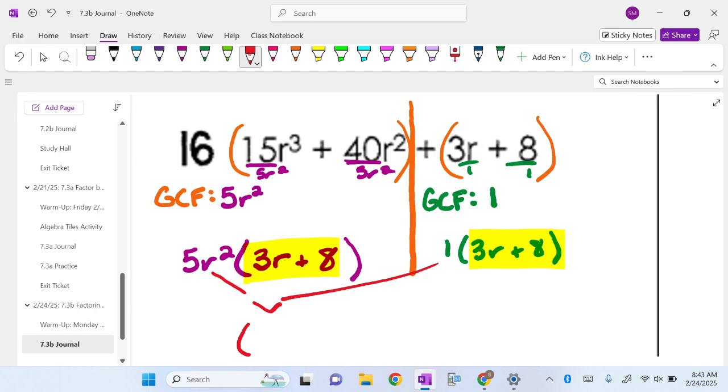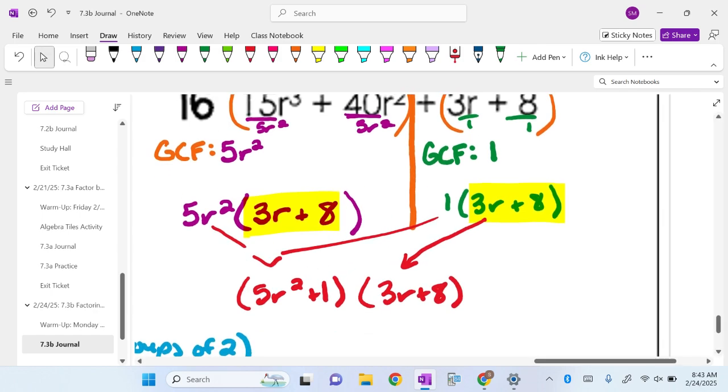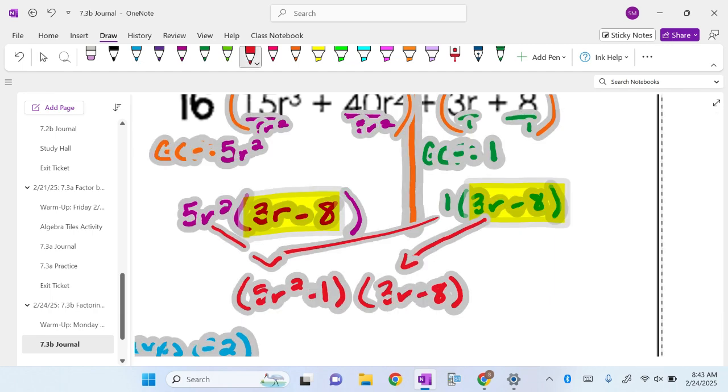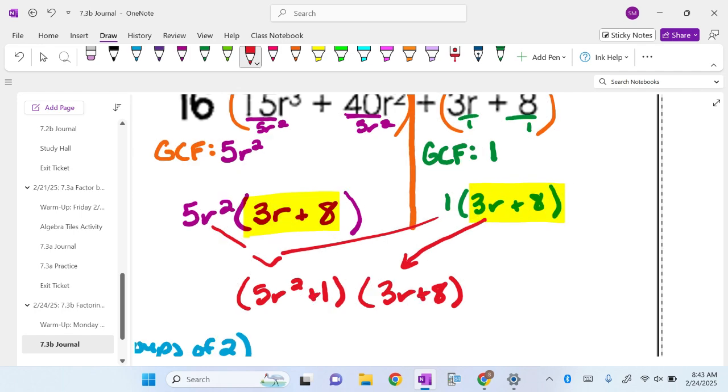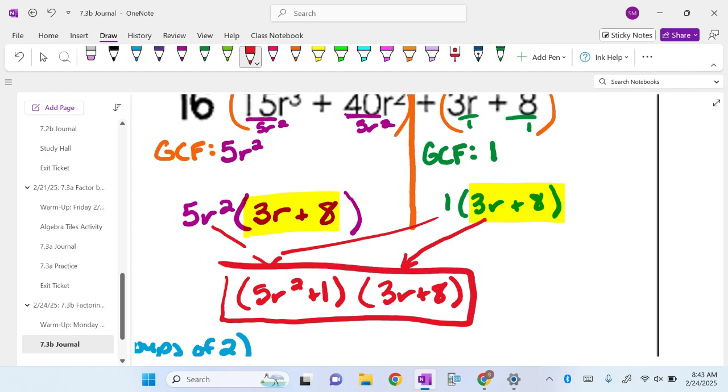If you bring down the two GCFs, what's the other bubble? 3r plus 8. Good. So again, it would not just be 5r times 3r plus 8. You got to have that second GCF. If there ever is not a GCF of one of the groups, its quote unquote GCF is just 1. So you need to write it as such. And that's honestly one of the most common mistakes I see with factoring by GCF.